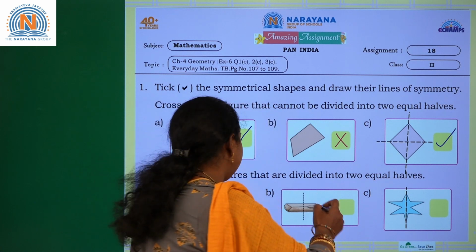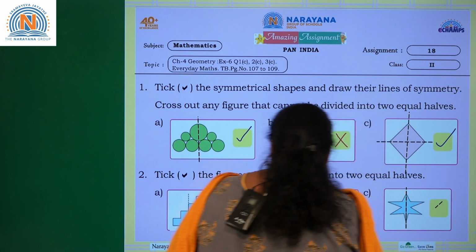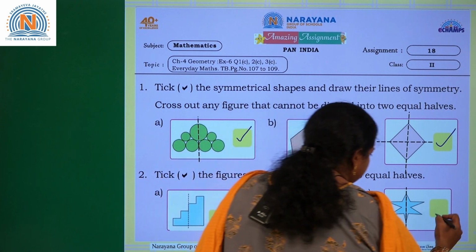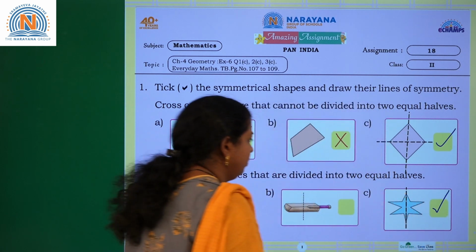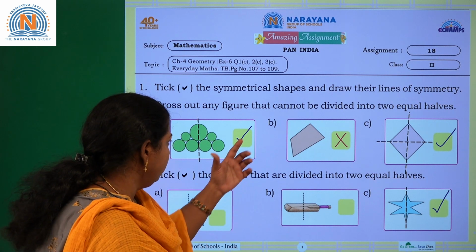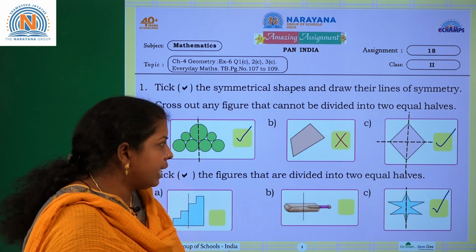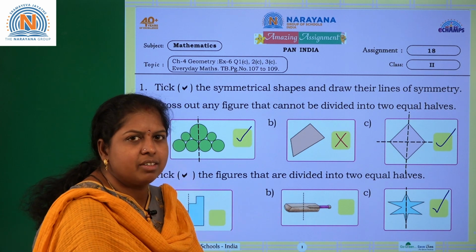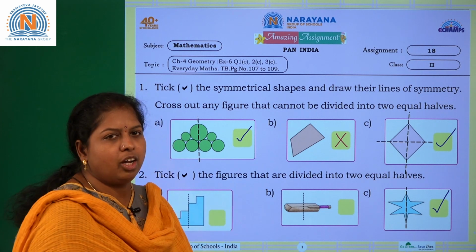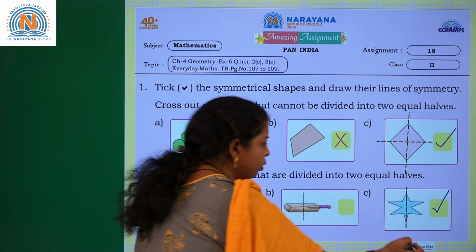You can say that this figure is divided into two equal halves. Okay, children, like this you have to divide the figures into two halves, or else if a symmetrical line was given, you have to conclude whether that figure is symmetrical or not using that particular line. Okay, let's move to the next question.